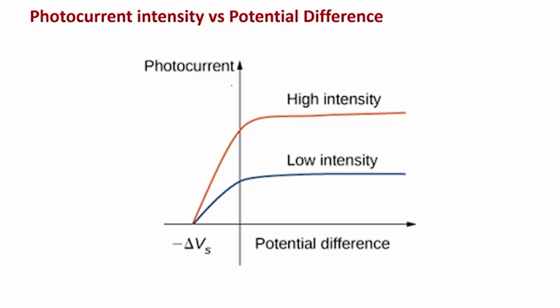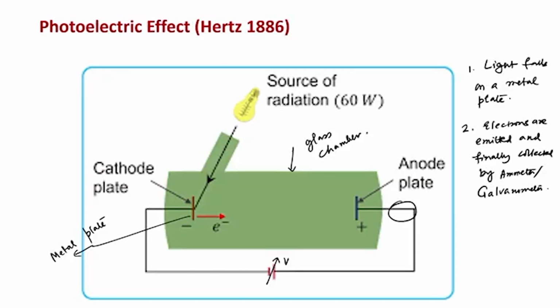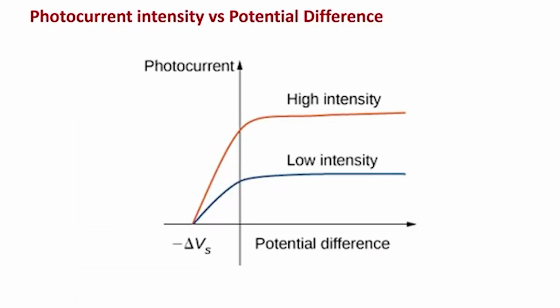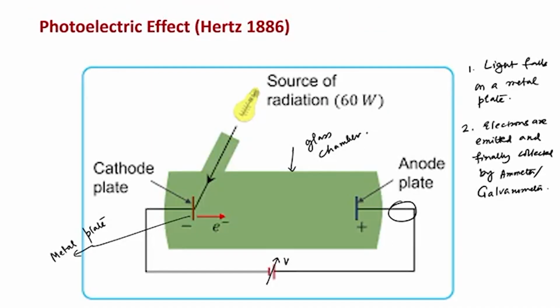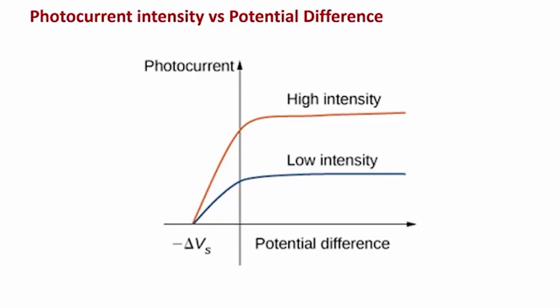One is that if you make this metal plate more and more negative with respect to the anode, which is done by the voltage that you see down there, then the photocurrent, that is, the current due to the emission of electrons that go and deposit in the anode, which is connected to a current-measuring device, completely stops at a given potential, called the stopping potential.